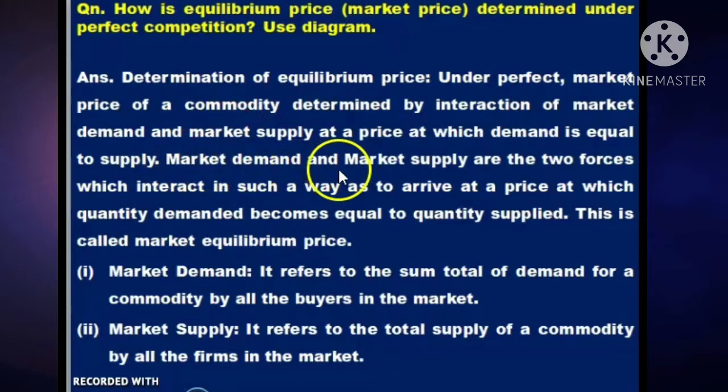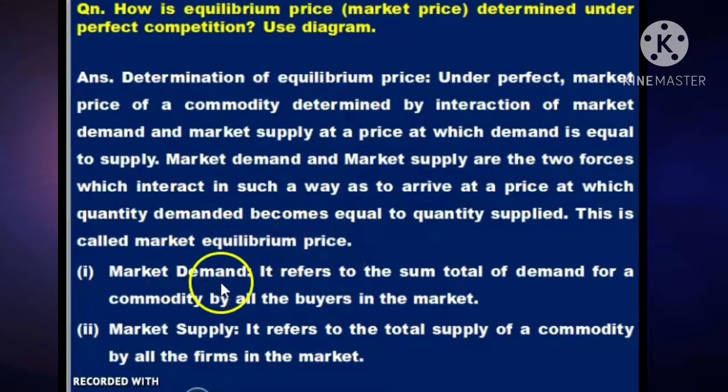Market demand and market supply are the two forces which interact in such a way as to arrive at a price at which quantity demanded becomes equal to quantity supplied. This is called the market equilibrium price.